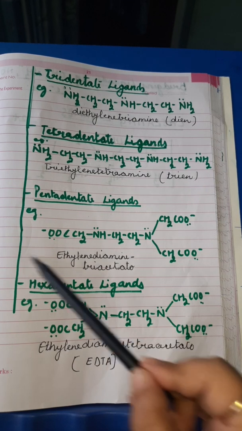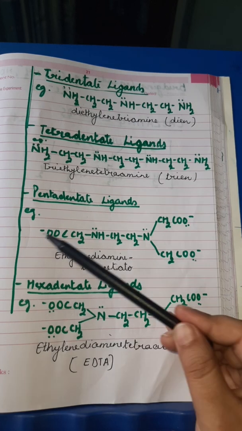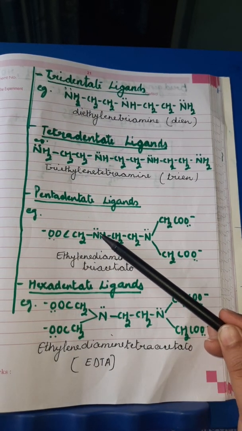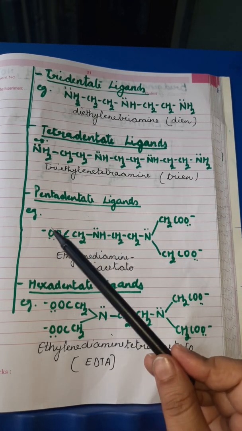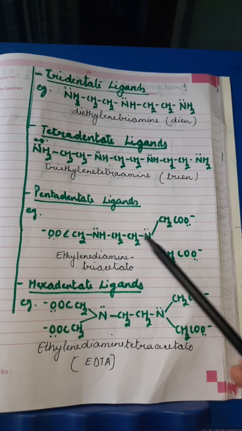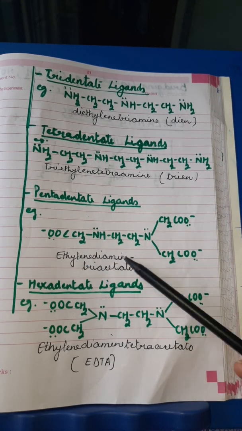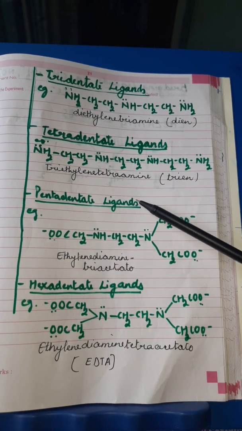Here in this particular ion, total 5 donor atoms are there: 3 negatively charged oxygen, plus 2 nitrogen atoms as amino groups. So total 5 donor atoms, 1, 2, 3, 4 and 5. So ethylene diamine triacetato is a pentadentate ligand.